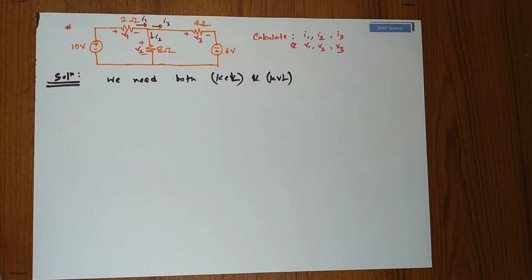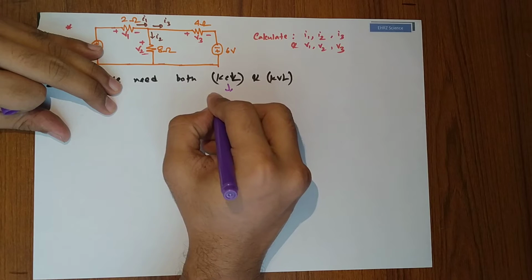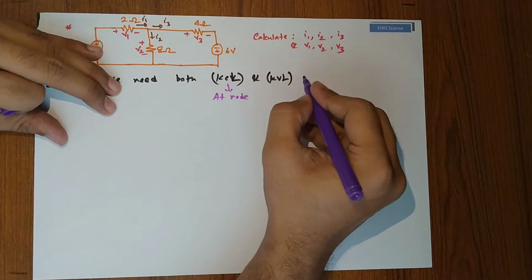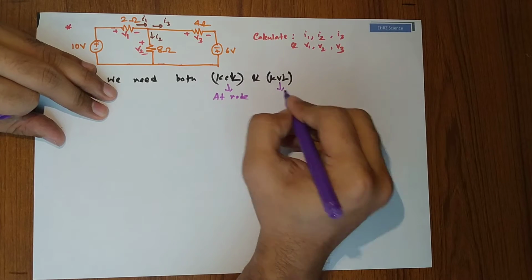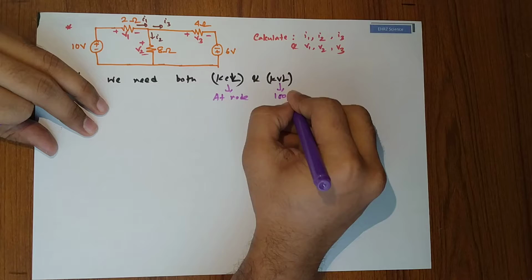Kirchhoff's current law. Why do we apply Kirchhoff's current law? We apply it at a node. Kirchhoff's current law is applied across a node. And we apply Kirchhoff's voltage law inside a loop.